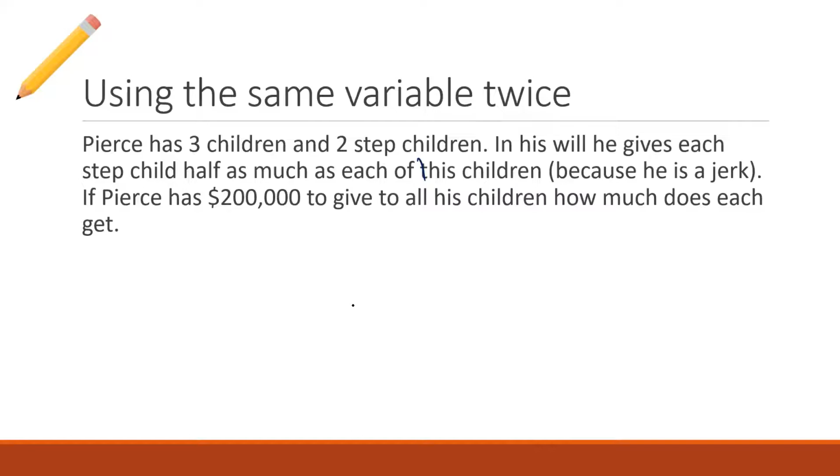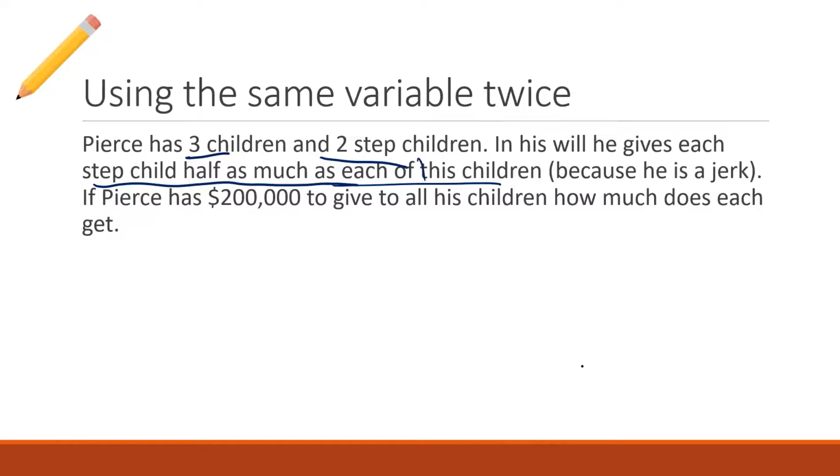If Pierce has 200,000 to give to all his children, how much does each child get? So his full children get the full amount, but his stepchildren only get half. He has his 3 children and 2 stepchildren.